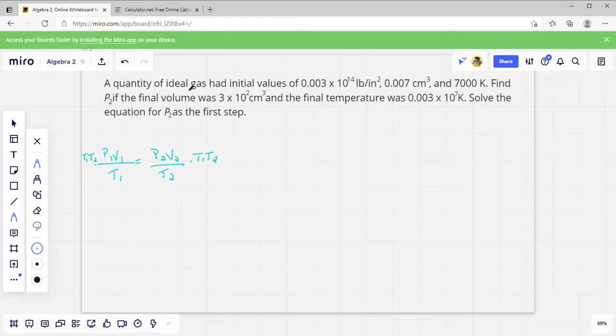And the main thing I'm doing here is the first step is trying to get rid of my fraction bar there. Get rid of the denominator. T2 cancels, and I'll have P2, V2, T1. And it asked me to solve for P2 as my first step, so I'm going to divide by this side.